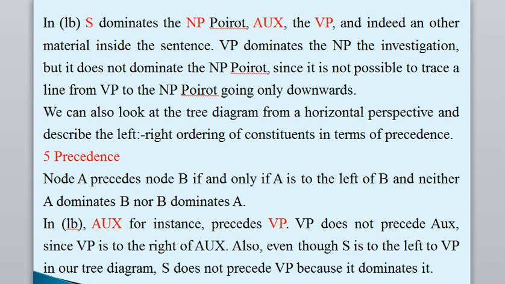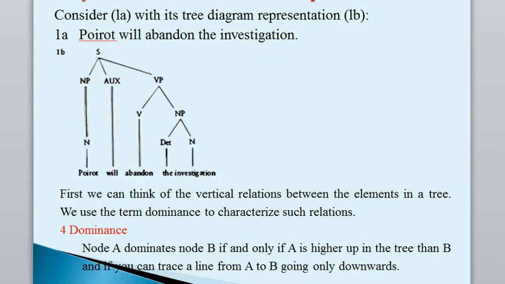This is the horizontal relation, the left to right ordering of constituents. Auxiliary precedes VP, but VP does not precede the auxiliary because VP is to the right of the auxiliary.